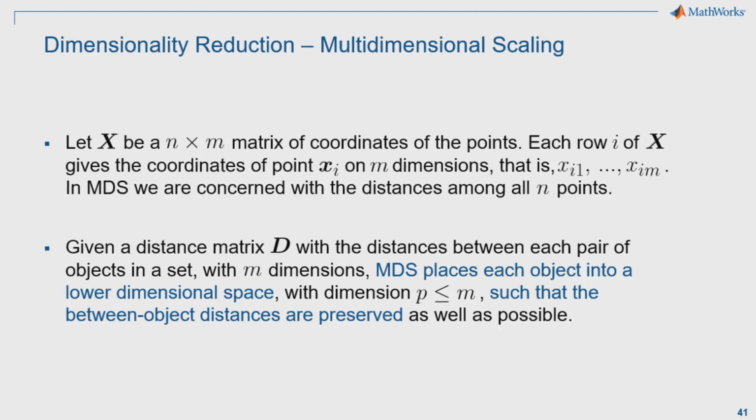Why is this important? This is important for a consideration that we will talk about in the next slides. So again, if you think that capital X is our matrix containing all our data, along the rows we have n data objects, along the columns we have the number of dimensions or features.